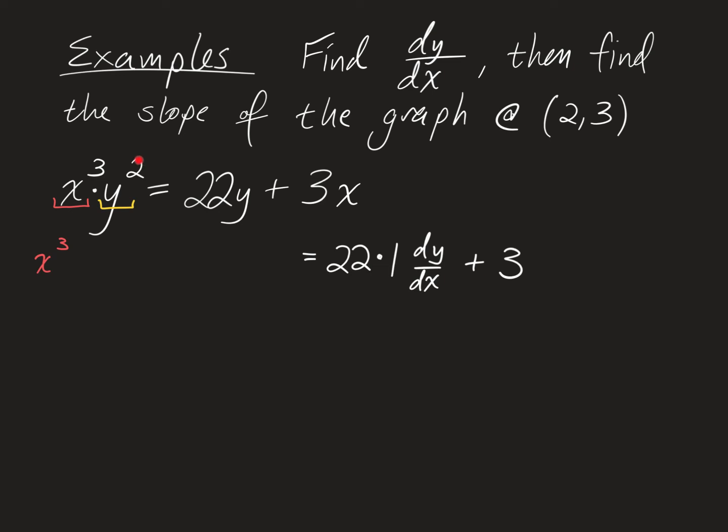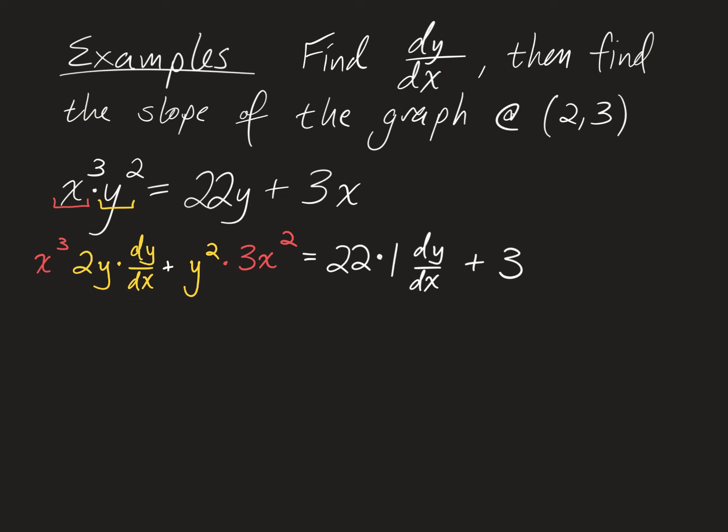So again, noting that y is the inside function, the square is the outside function, so it would be 2y times dy dx. Then we will add to that the second, which is y squared, times the derivative of the first, which is 3x squared.